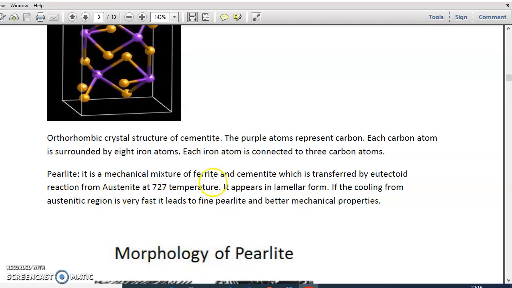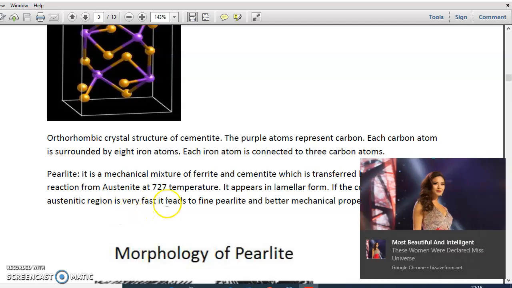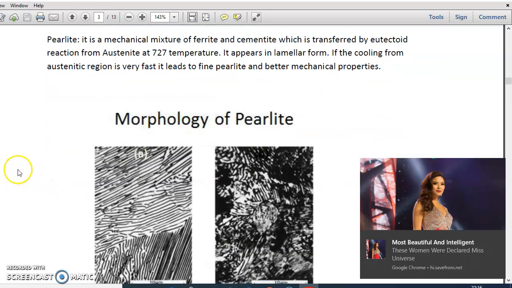It is a mechanical mixture of ferrite plus cementite, formed by the eutectoid reaction at 727, and it appears in lamellar form, meaning line-like form. If the cooling from the austenite region is very fast, it leads to fine pearlite and better mechanical properties. What we discussed earlier is the same.